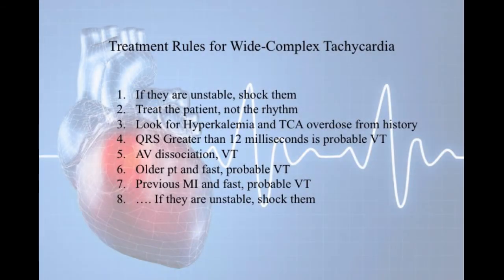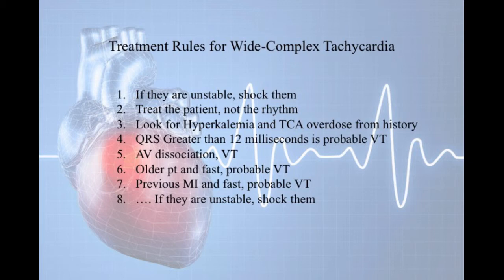Here are some treatment rules for wide complex tachycardias. If they're unstable, you synchronize cardiovert them, or you defibrillate them as needed. Make sure you treat the patient, not the rhythm. Look for hyperkalemia and TCA overdose from their medical history, and identify those early in your EKGs: peaked T waves, prolonged QT intervals, etc. A QRS complex greater than 0.12 seconds is probably VTAC.